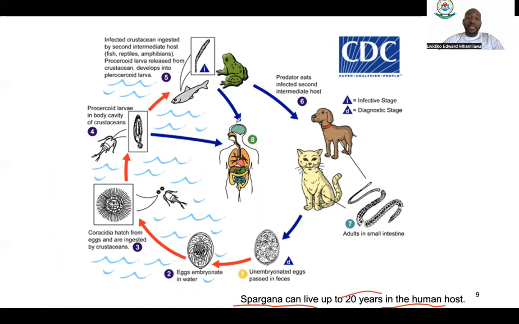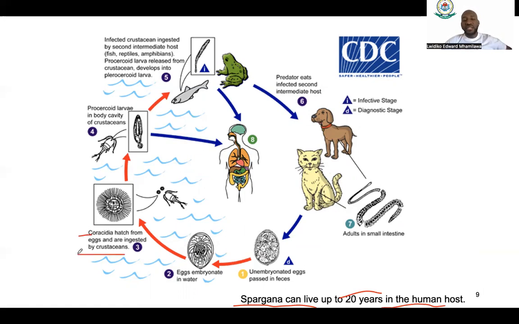Let's say this is the human being at the center of the disease, and a dog or a cat that is infected with the adults in the small intestines can give embryonated eggs that come out in the feces. When they get in water, they embryonate. And then the coracidia hatch from the eggs and are eaten by the crustaceans.